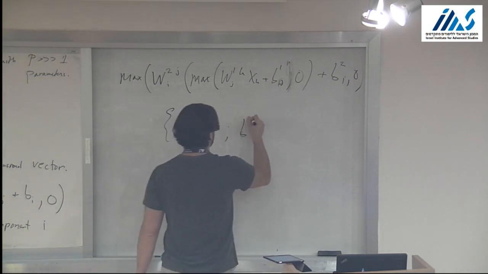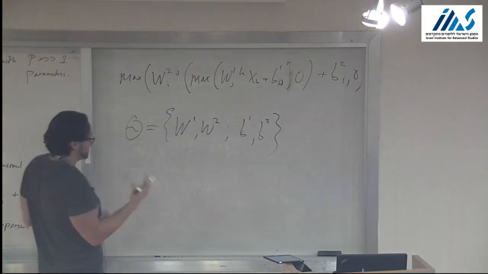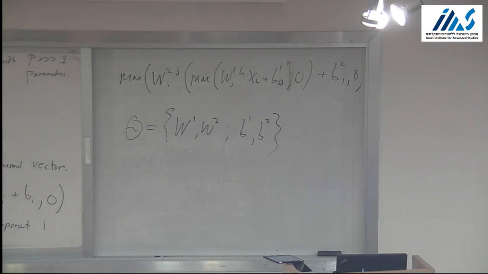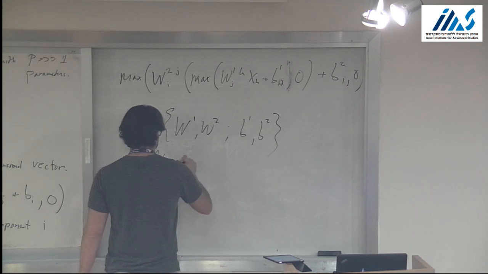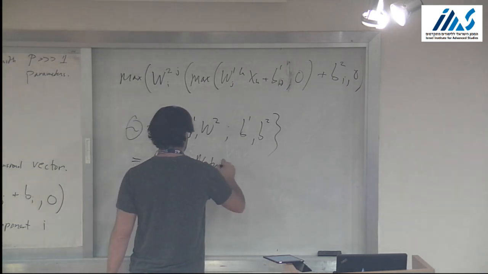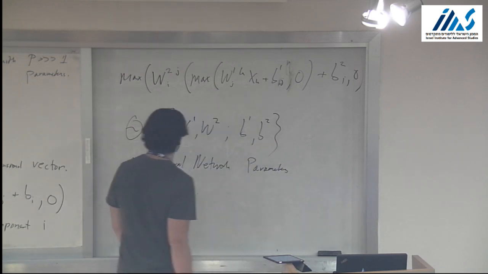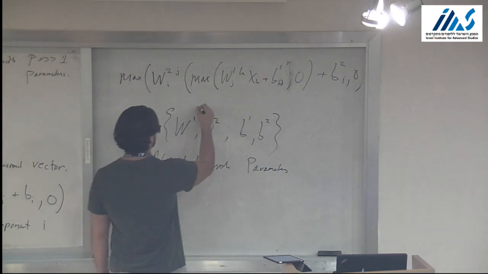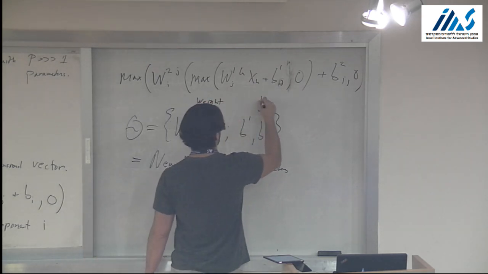So these things, W1, W2, and B1, B2, people often use the notation theta for them. And these are the neural network parameters. And again, there's specific terminology. So the W's are typically called weights. That's why they're W. And these are typically called biases.